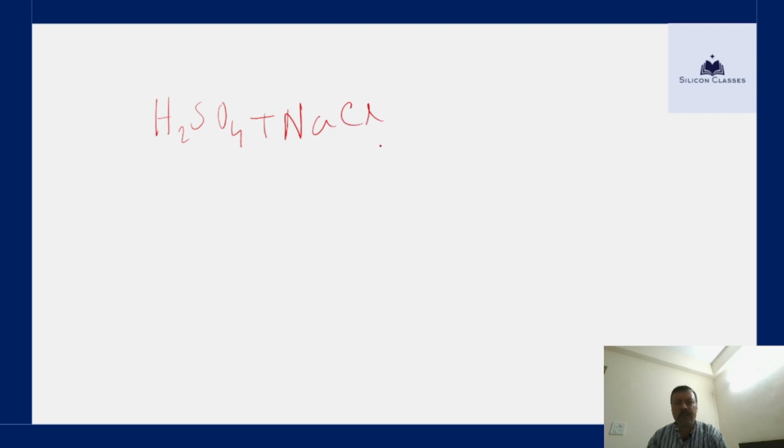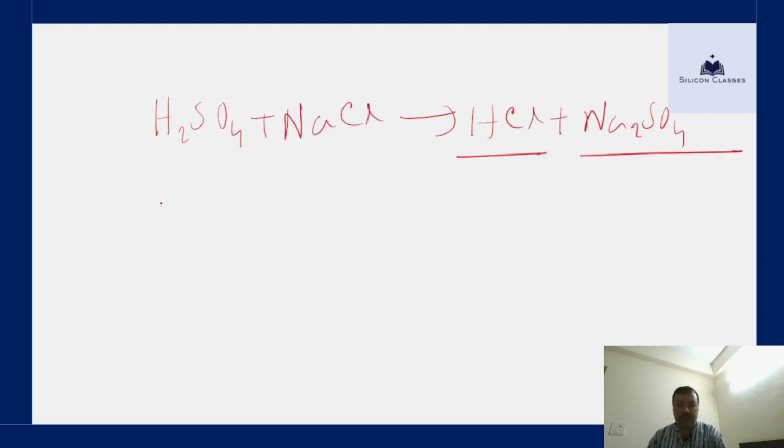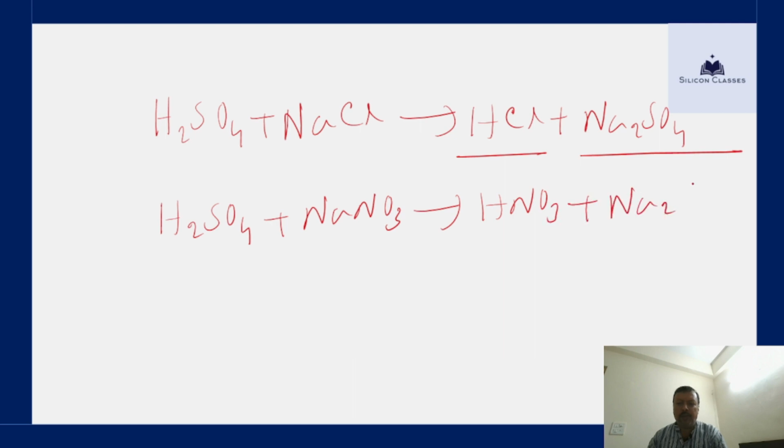HCl is a more volatile acid and its corresponding salt is sodium chloride. So when sodium chloride reacts with sulfuric acid, it will displace the more volatile acid and form the corresponding salt of the less volatile acid. Similarly, the less volatile acid, sulfuric acid, when it reacts with the salt of a more volatile acid, will displace the more volatile acid and form the salt of the less volatile acid.